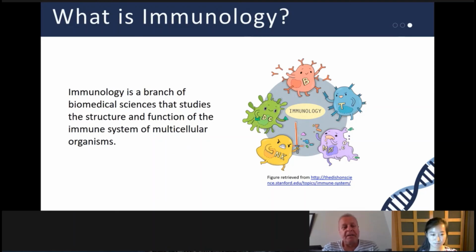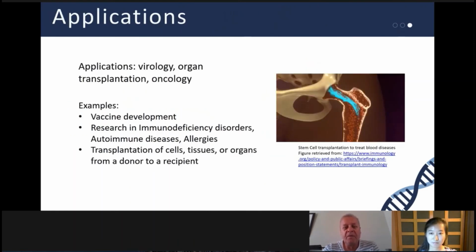And it's basically a question of studying the structure as well as the function of different aspects of our defenses against infectious diseases. But as I said before, it also deals with other issues other than infections.